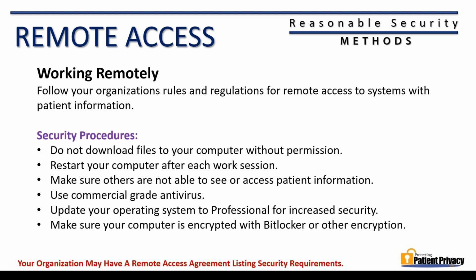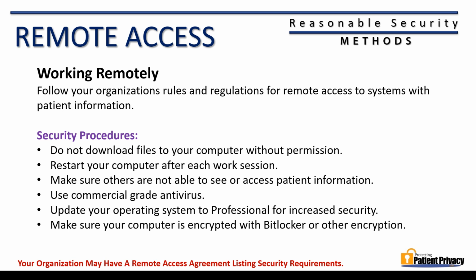You should always be using commercial grade antivirus, not just using Windows Defender. Other antiviruses that are readily available all have much more protection. Make sure that you are constantly updating your operating system to make sure that you are using the latest security features, and also you should be using the professional versions of Windows, either Windows 10 Pro or Windows 11 Pro, to make sure that you have, again, advanced security on your computer.